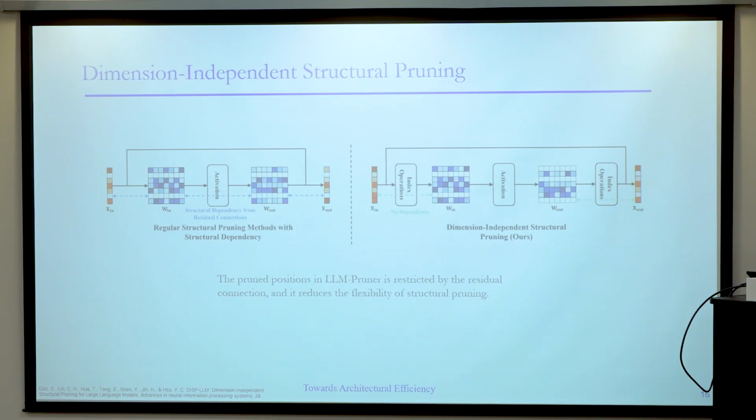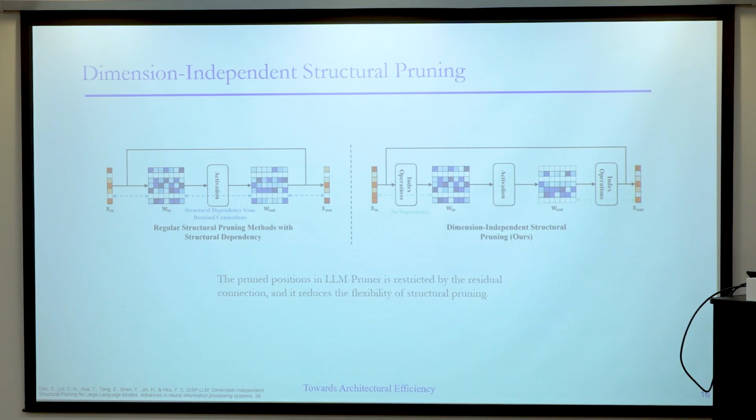The problem is that the pruned positions after structure pruning are restricted by the residual connection. And the residual connection is widely used in basically all the large language models and even in other kinds of models. This reduces the flexibility of structure pruning.